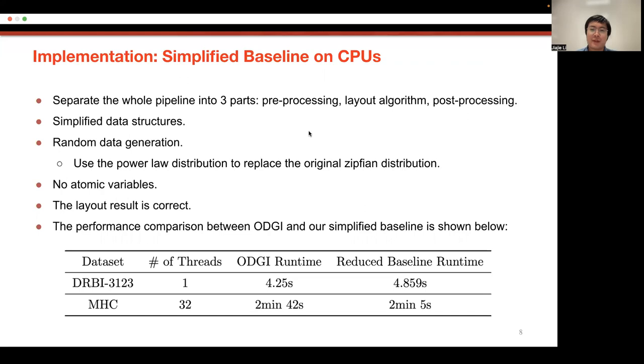Initially it is implemented in general libraries that require lots of dependencies. So first we need a simplified baseline, which involves lots of modifications. But the result is that we get a simplified version, the layout result is correct, and we can even get higher performance compared to the original library, which is called ODGI here.